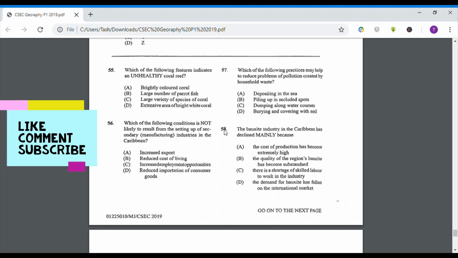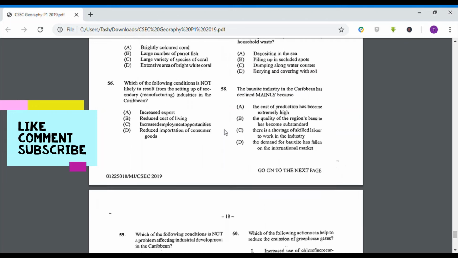This may cause some of the materials to be decayed, which in essence is a good way of disposal. But the question said, which one of the practices may help to reduce problems? So this is the one that may help to reduce problems of pollution that is created by household waste.